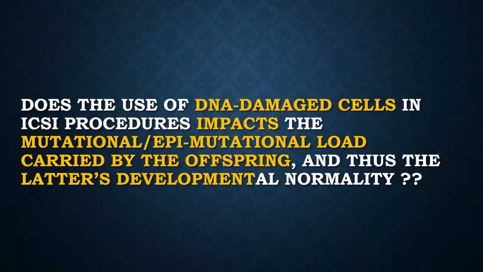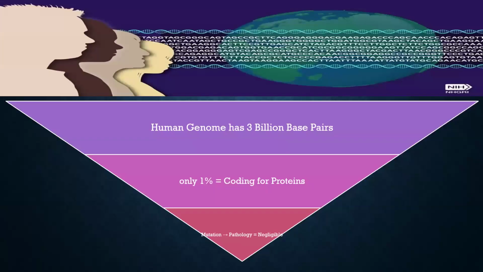The important question to ask is, does the use of DNA damaged cells in the ICSI procedure impact the mutational and epi-mutational load carried by the offspring, and their later developmental normality? So, the human genome has 3 billion base pairs, out of which only 1% code for proteins.